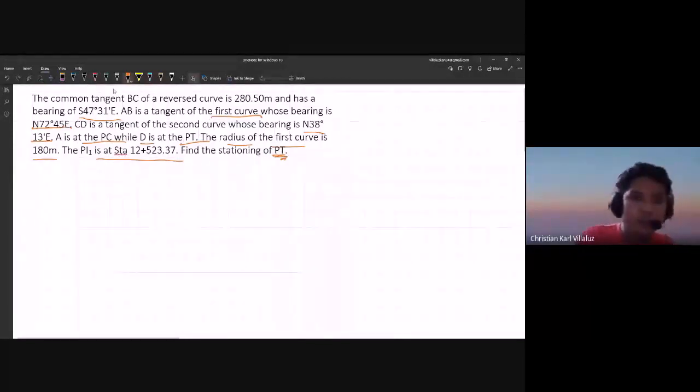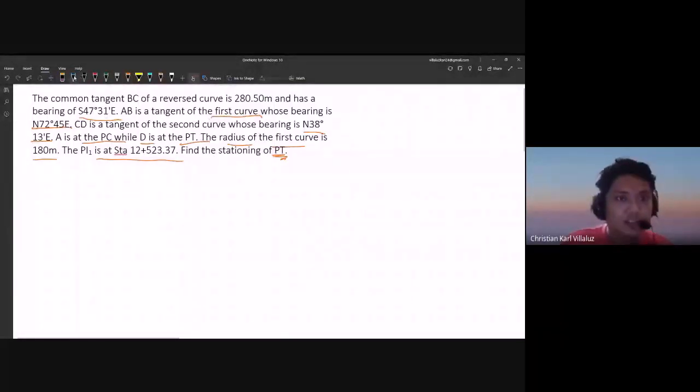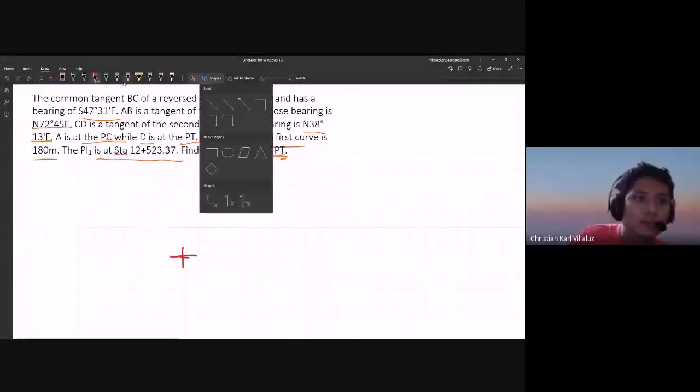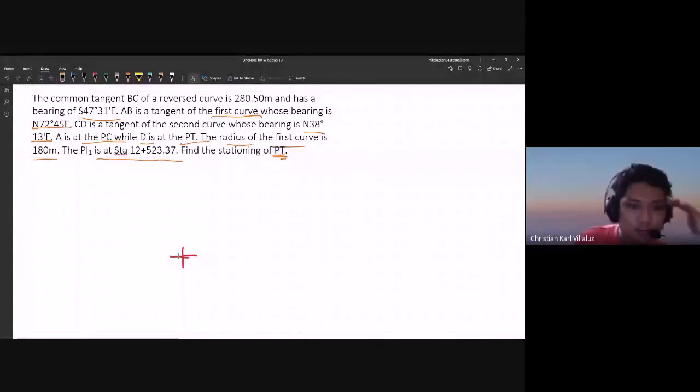So dito, magdodrawing tayo, class. Drawing muna natin tong tangents nung reverse curve. So given yung common tangent BC, which is 280.5 with a bearing of 47 degrees. So let's say, ito na lang yung reference direction natin. Tapos drawing tayo ng line, 47 going east. So ito yung south, ito yung east.